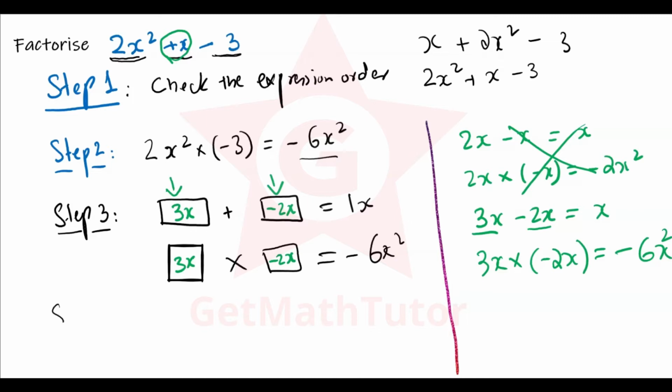So in step 4, we rewrite this whole expression in this way. So 2x squared stays like this. Then of course we divided x into two things, 3x and minus 2x, so we will write plus 3x here, and then we will write minus 2x, and then we will write minus 3 as it is.